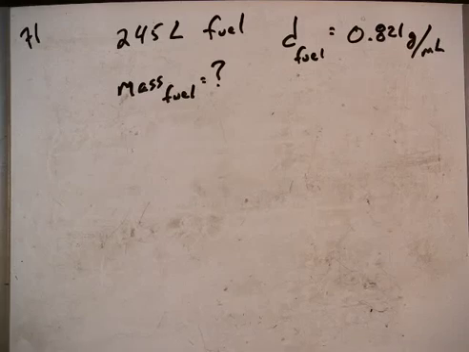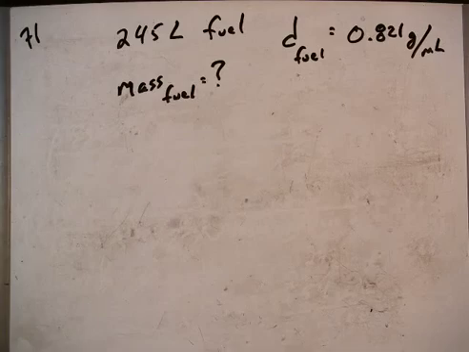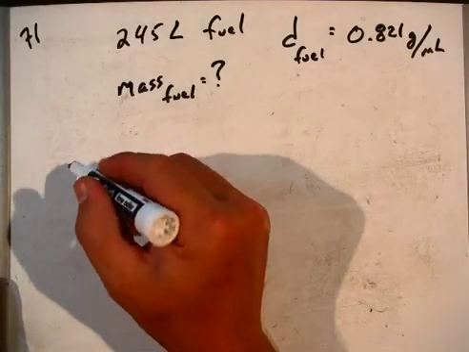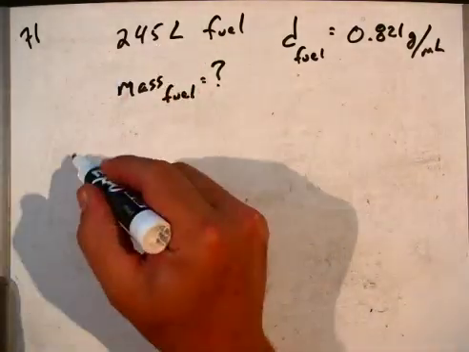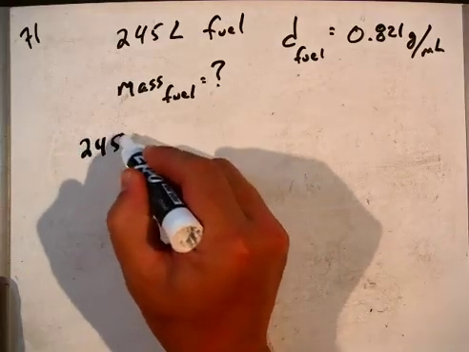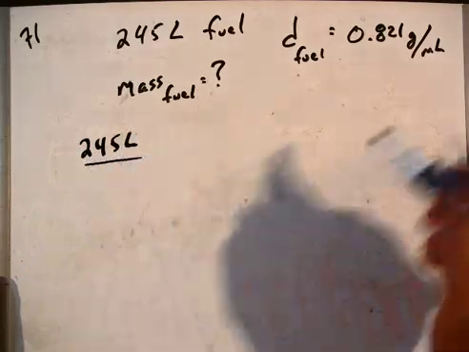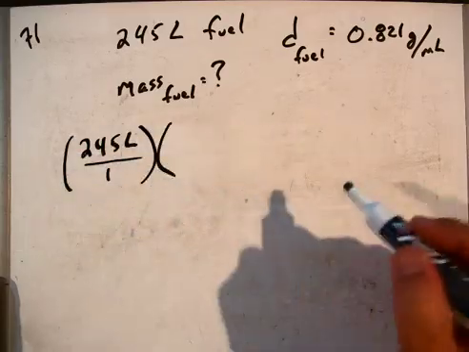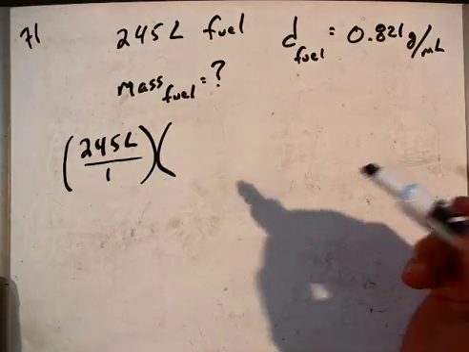We have liters of fuel, but our density is in terms of milliliters, not in terms of liters. So that is our first part here, is to get our given information, the 245 liters, into terms of milliliters. And we can still use our dimensional analysis to do that.